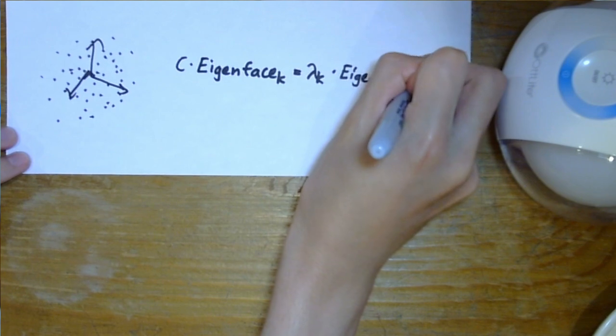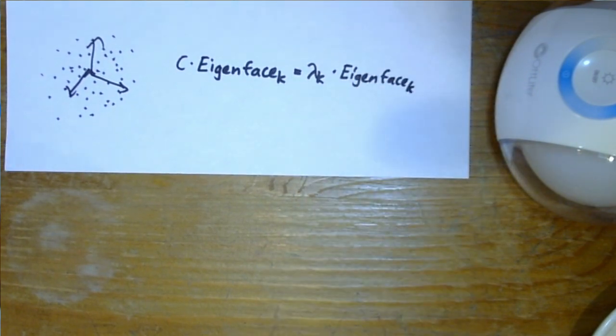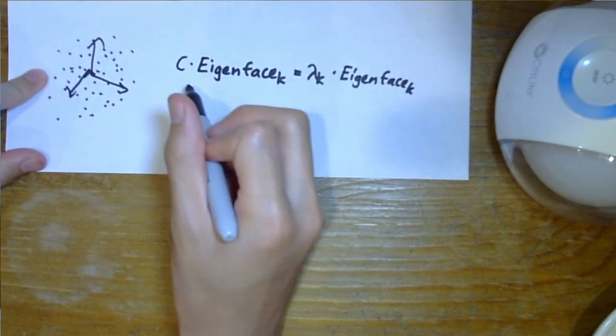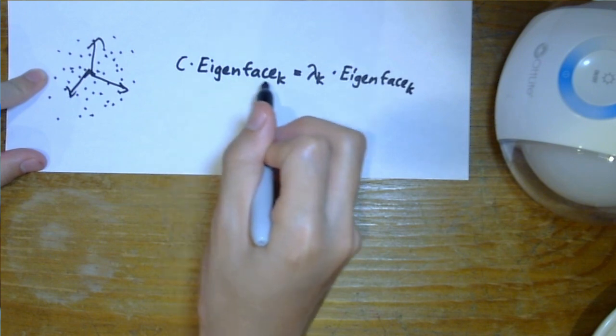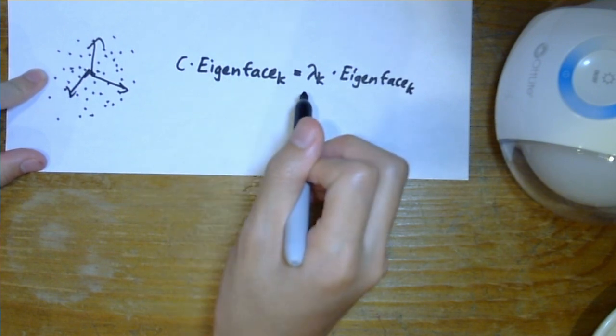And this is quite interesting because now instead of having our data as 36,000 pixel descriptions, we can simply decompose any face vector into a linear combination of our 76 eigenface vectors.